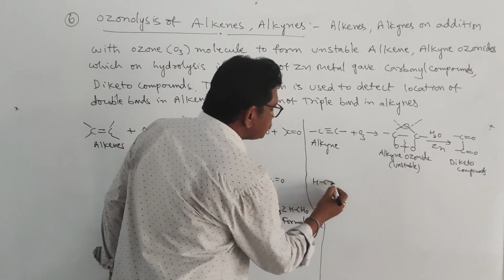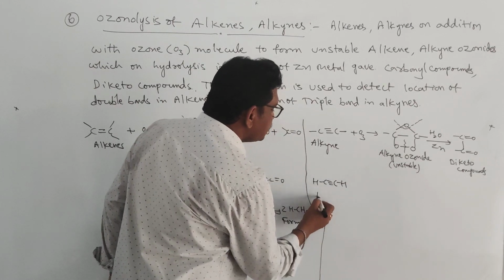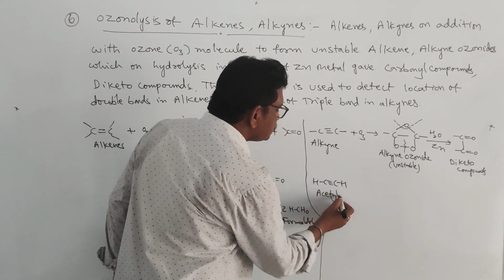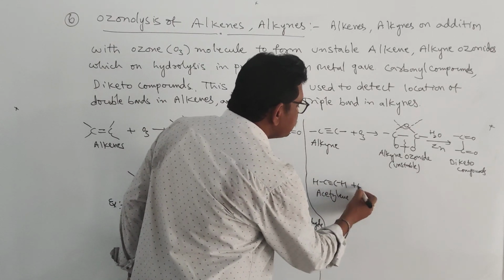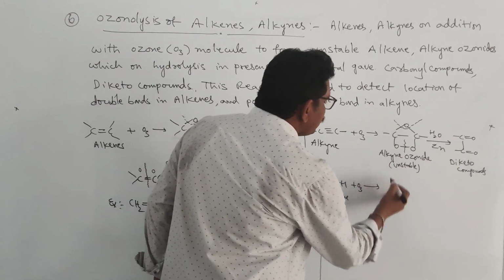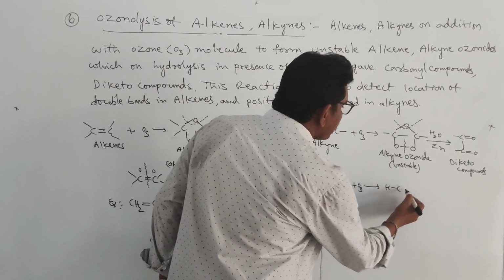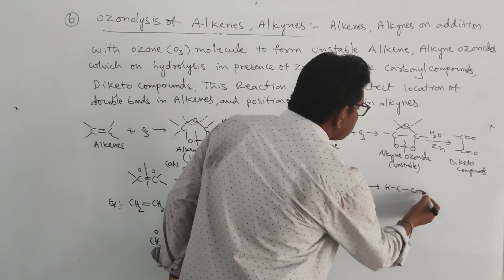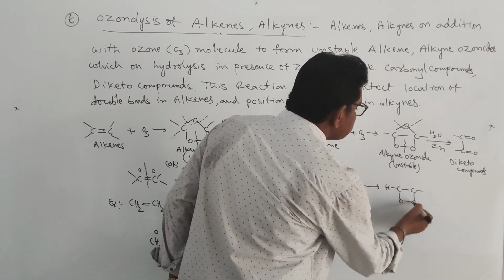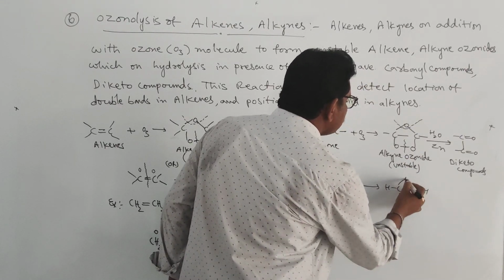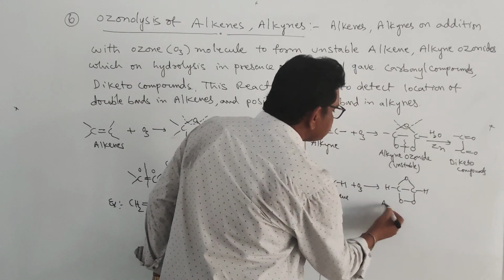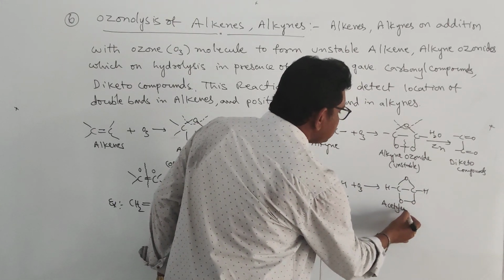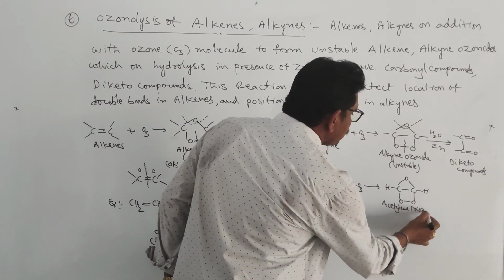Then I take examples for alkynes. Here I take acetylene, the first alkyne, also called ethyne. On addition with ozone, what happens? We get acetylene triozonide.